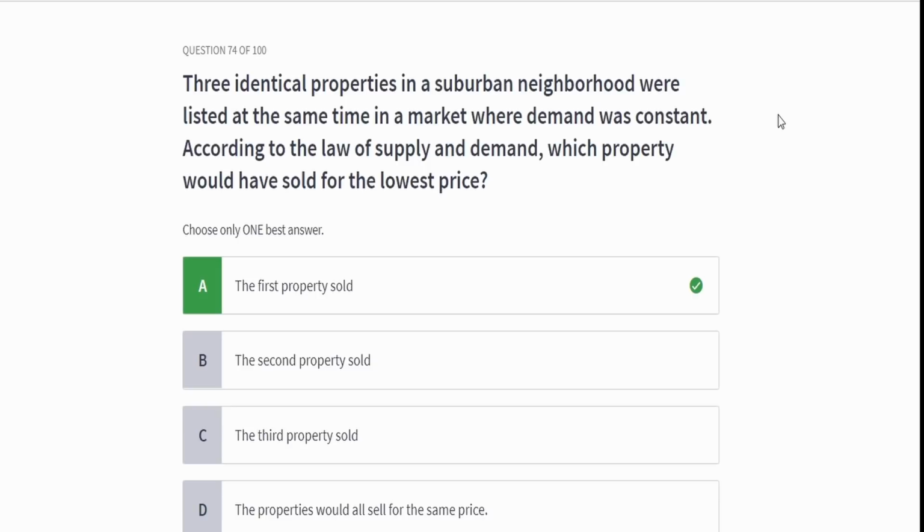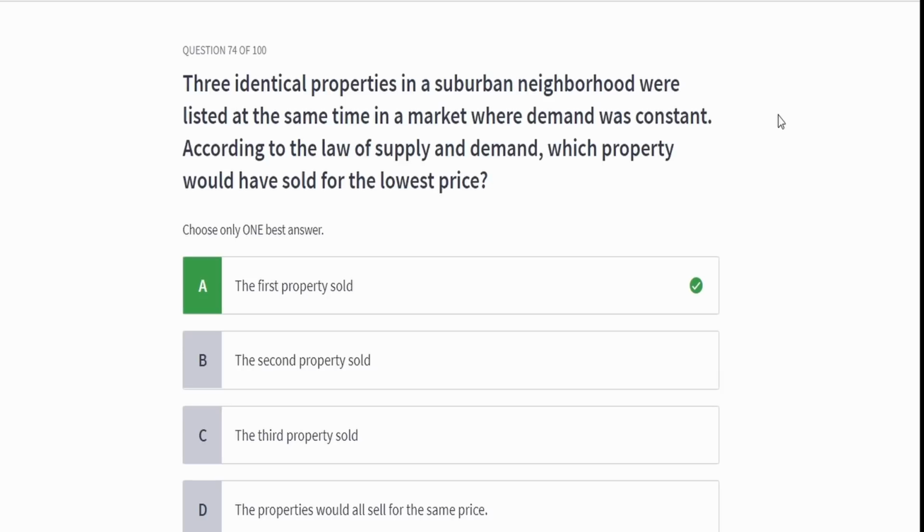Again, it's a hypothetical. So according to supply and demand, which property would have sold for the lowest price? So again, that is the first property. Now let me ask you a second question, a little bonus points. What do you think would have sold for the highest price?